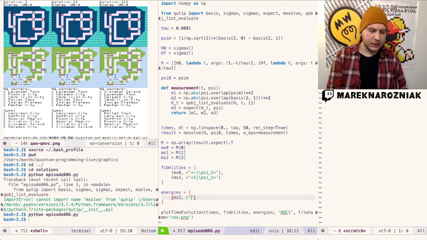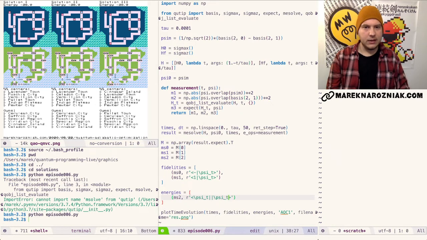So this is the expectation value of the Hamiltonian. So this is going to be psi at t, and this is a nice sandwich of quantum states with H at t in the middle. Delicious.